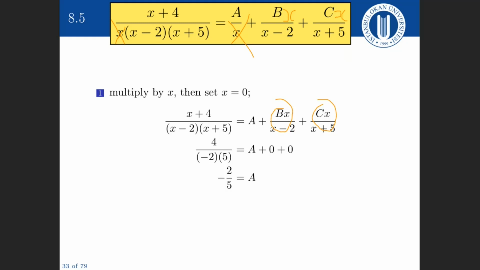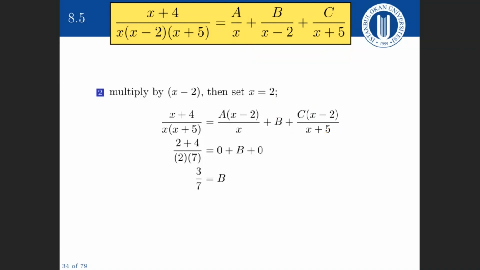Now let's do the same thing for x minus 2. Take the equation at the top and we're going to multiply everything by x minus 2.